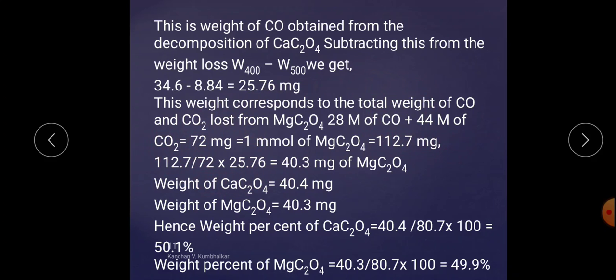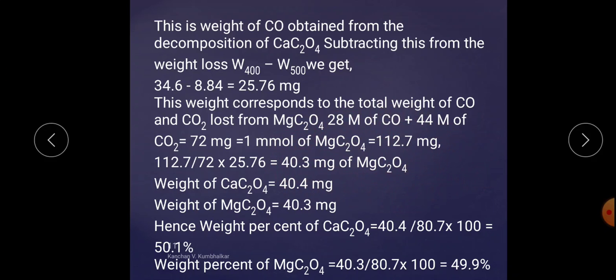So if 25.75 mg of the CO and CO2 mixture has been observed, then the total amount of MgC2O4 can be calculated. So by simple cross multiplication we get 40.3 mg of MgC2O4.